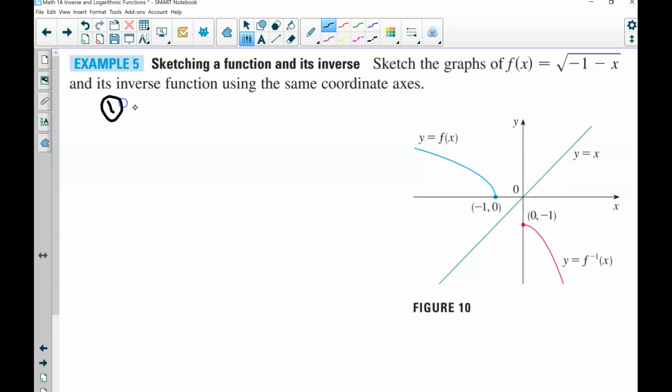So step 1, again, we're going to replace f of x to be y. So we have y, which is equal to the square root of negative 1 minus x. And then step 2, we're going to replace x with y.